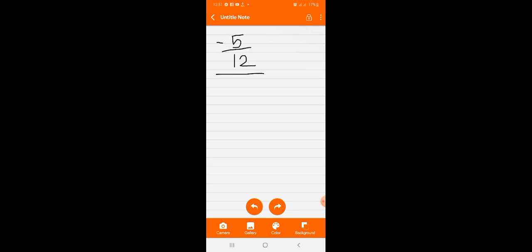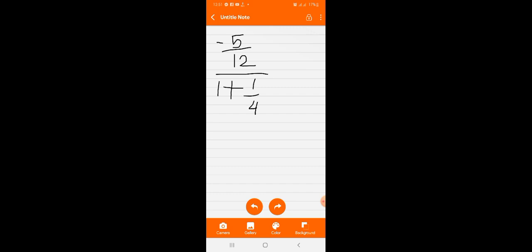Then 1 plus the product of negative 1/3 and negative 3/4, which is 1/4.